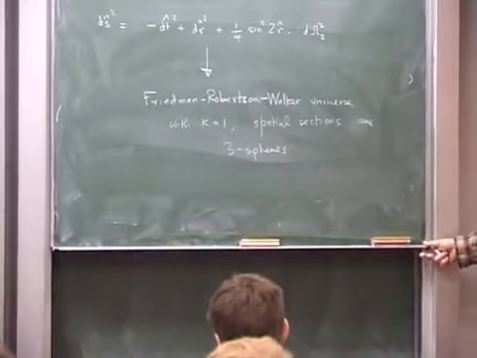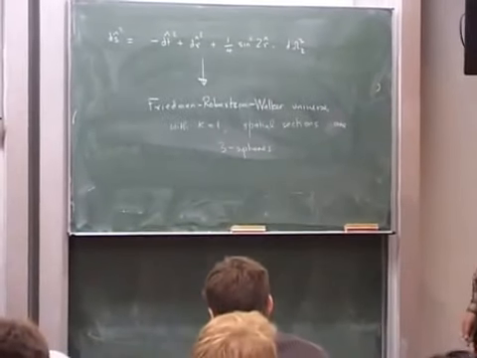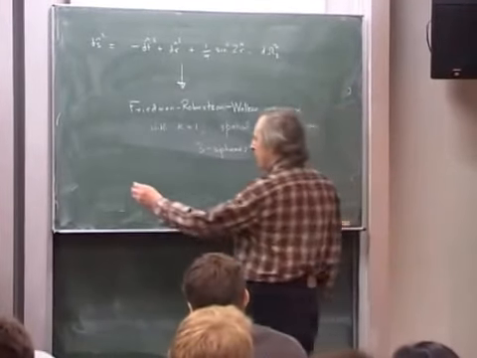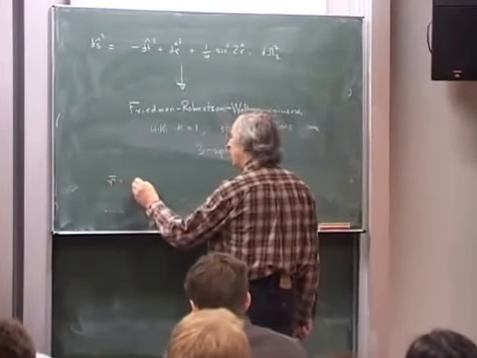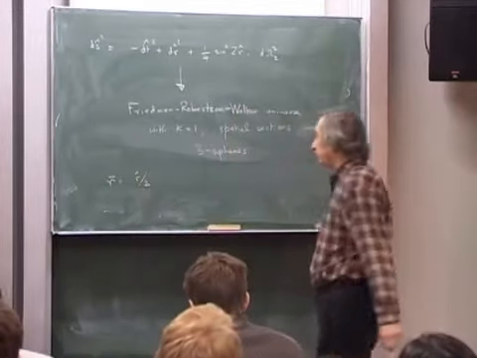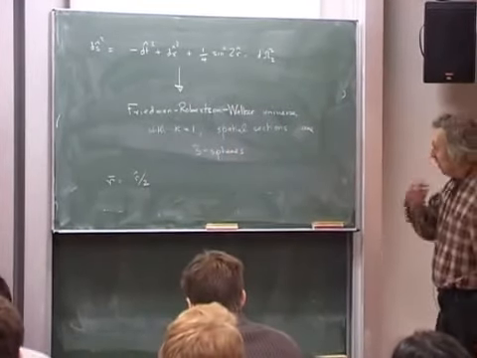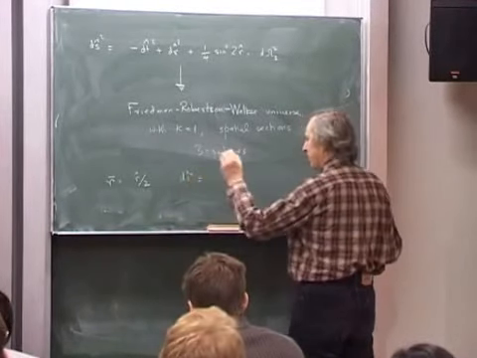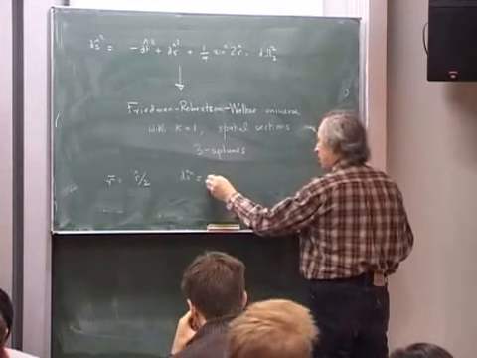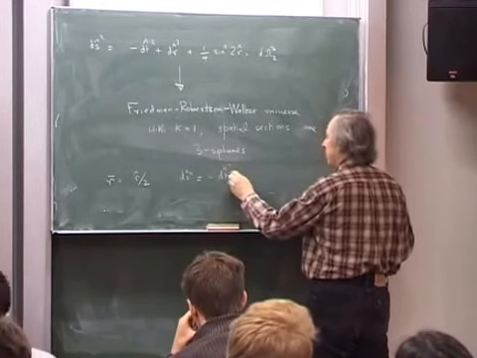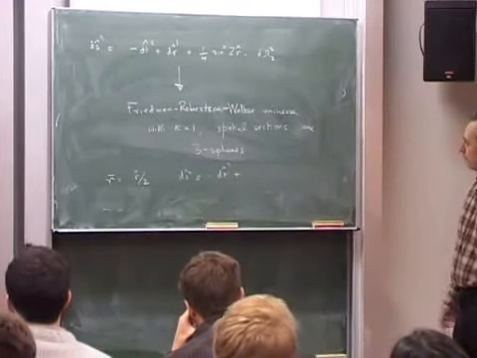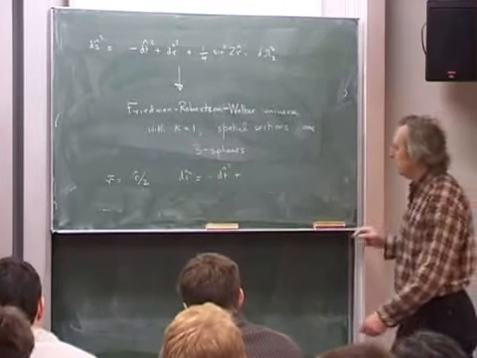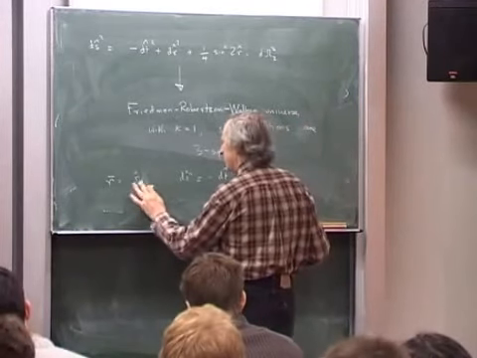If you prefer, you can make this look a little bit more like the obvious Friedmann-Robertson-Walker universe by putting R bar equal to R hat over 2 and rewriting this as ds hat squared is equal to minus dt hat squared plus, I mean 2R hat.